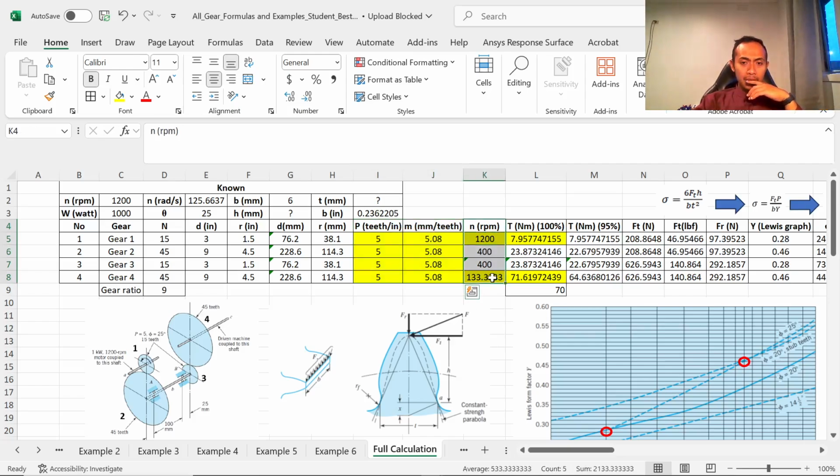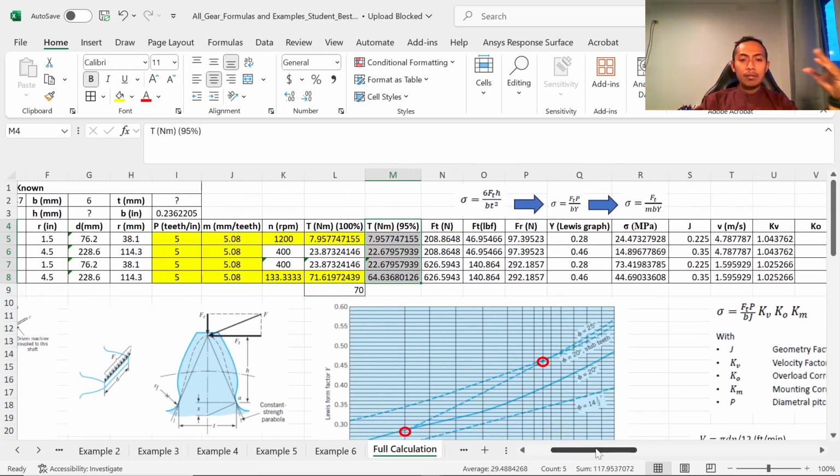This is the RPM, this is the torque, and sometimes torque is lost, so you need to put a 95% efficiency for each shaft.